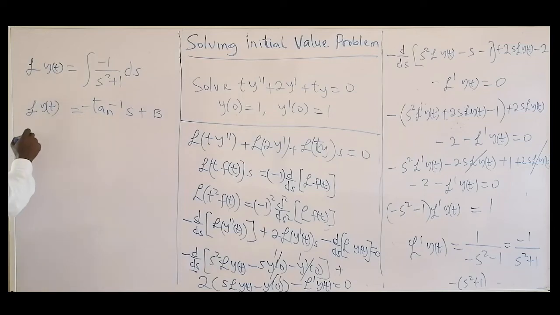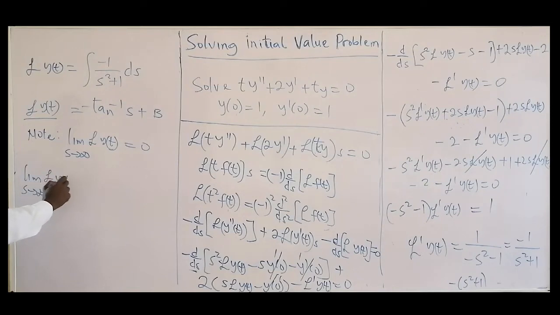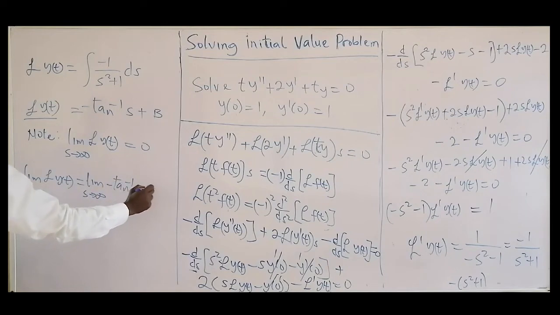We need to note that this is a fact: the limit of a Laplace as x tends to infinity is 0. So we're going to take the limit of this Laplace. The limit as x tends to infinity of the Laplace is equal to minus the limit as x tends to infinity of minus arctan x plus b.